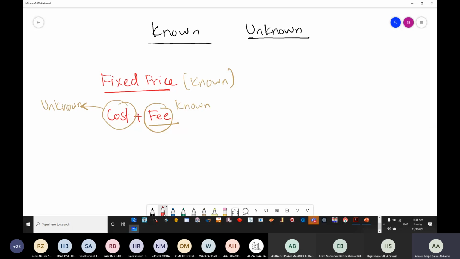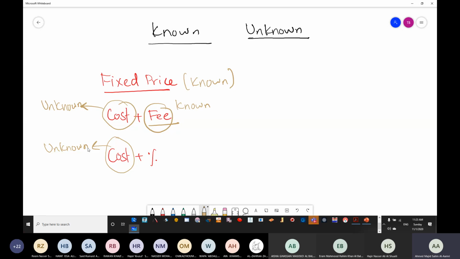The last one, cost plus percentage. Cost, we agreed that it's unknown. What about the value of the percentage? Is it known or unknown for you?